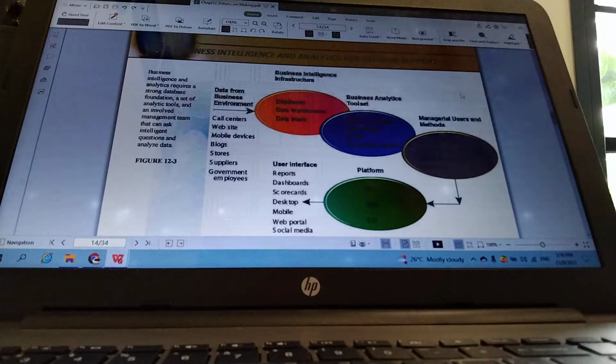All right, what you see in the next slide is the three main areas that we have just discussed: the business intelligence or BI infrastructure, BA business analytic tool set, and then we have the managerial users and methods.